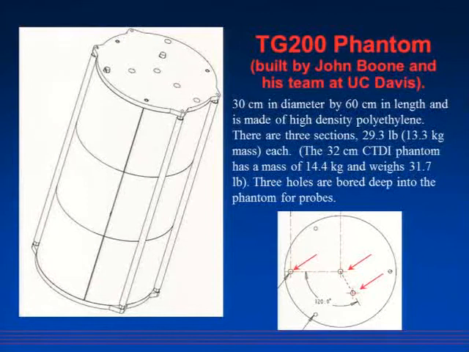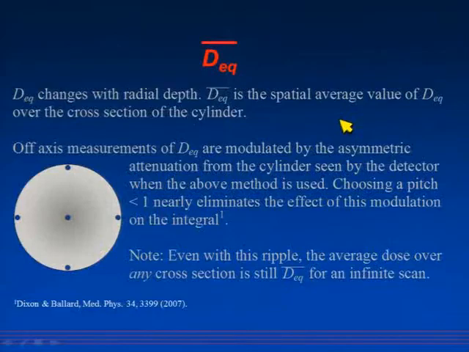Each one of these weighs about 30 pounds, which is roughly the weight of the single CTDI phantom. Some of you have been worried about hauling this around from place to place, but the TG200 intent is hopefully to get these measured in one place and make measurements that authenticate or verify the measurements made in a longer phantom. So we're working on that now.